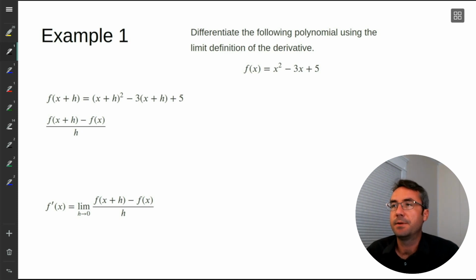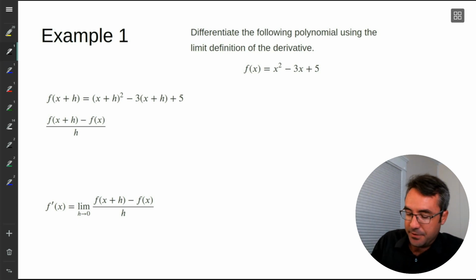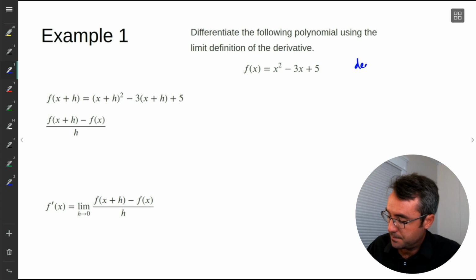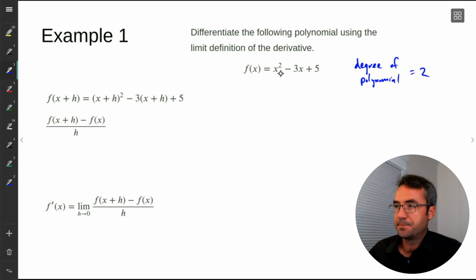All right, so example 1, let's differentiate the polynomial using the limit definition of derivative. Our polynomial here is x squared minus 3x plus 5, and the degree of this polynomial is 2, the highest power of x there. You will be expected to be able to do this for polynomials with degree 2 and degree 3.